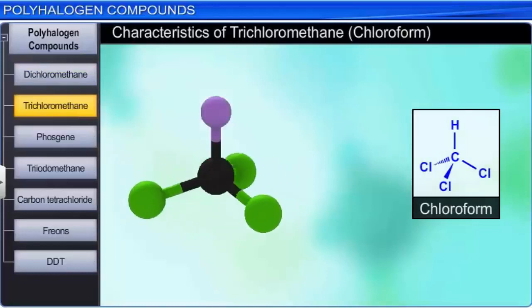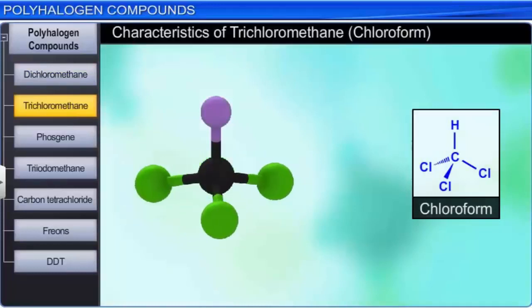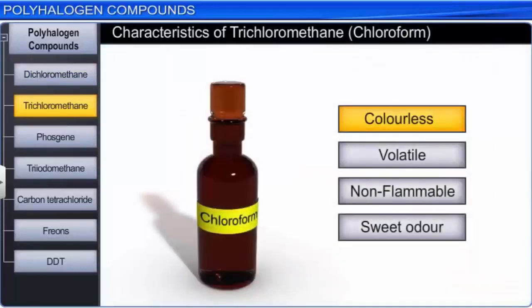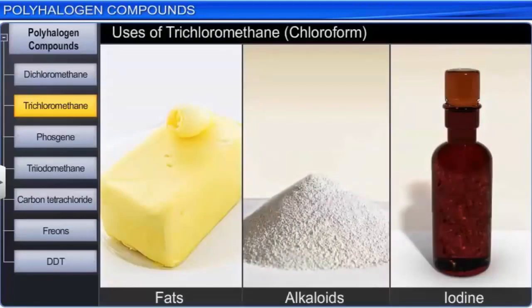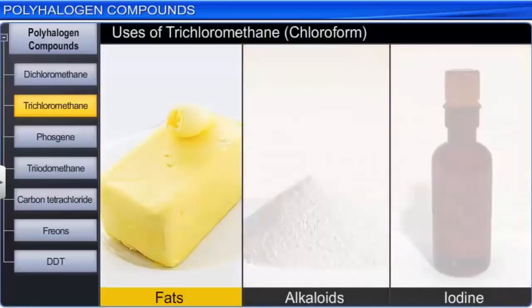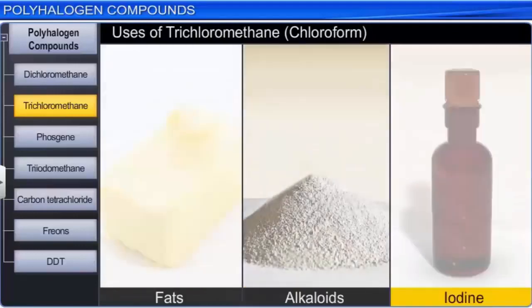Trichloromethane, or chloroform, is a colorless, volatile, non-flammable liquid with a sweet odor. It is used as a solvent for fats, alkaloids, iodine, and other substances.